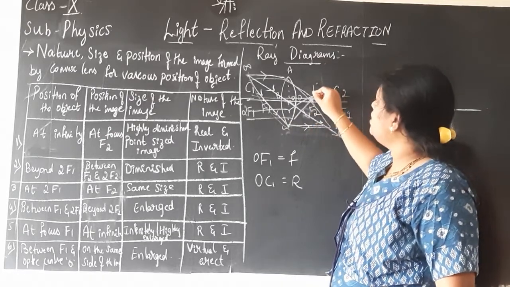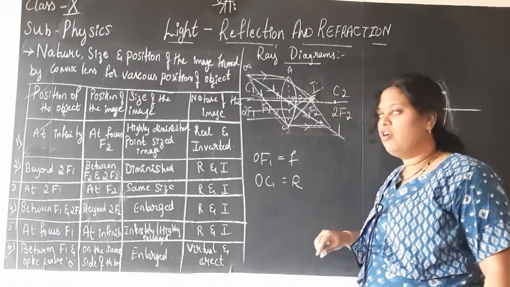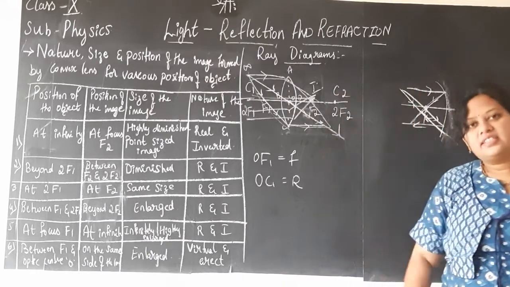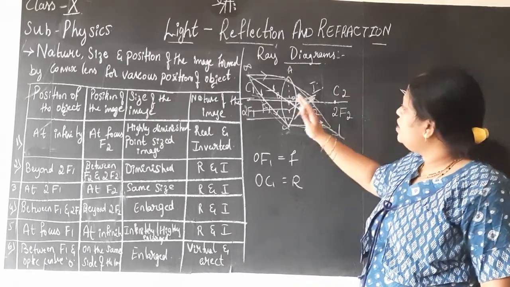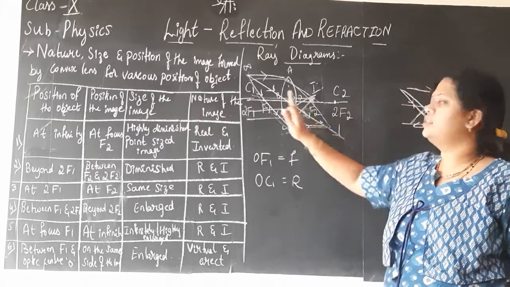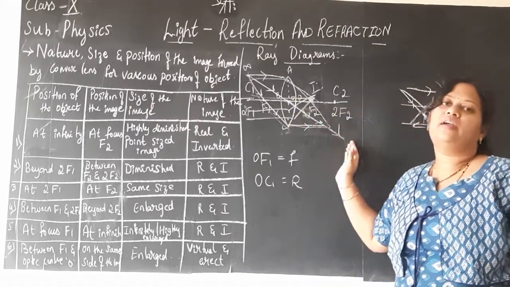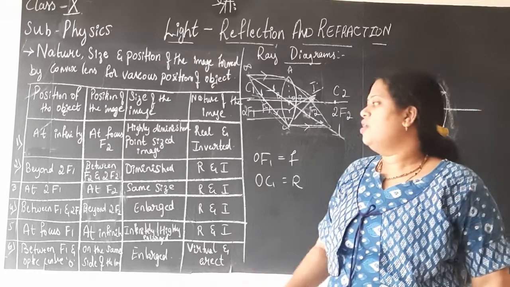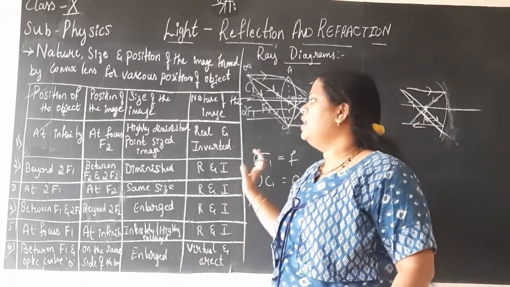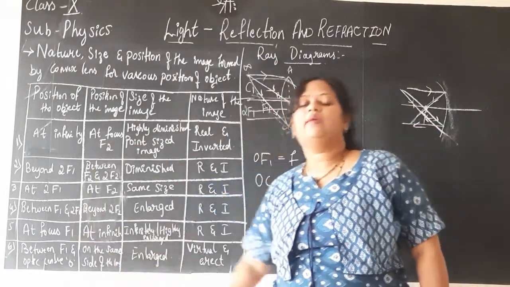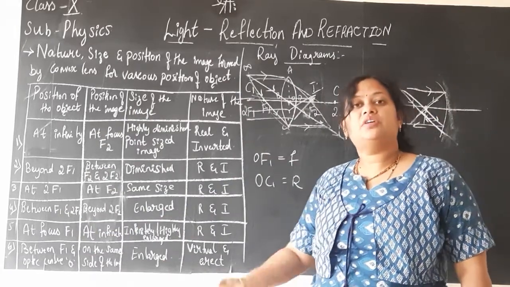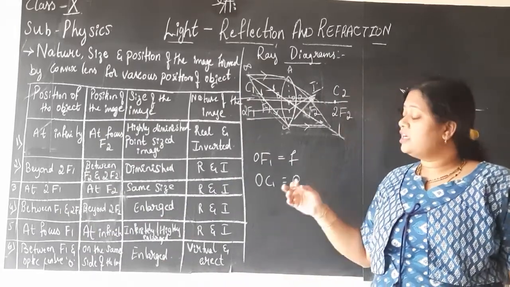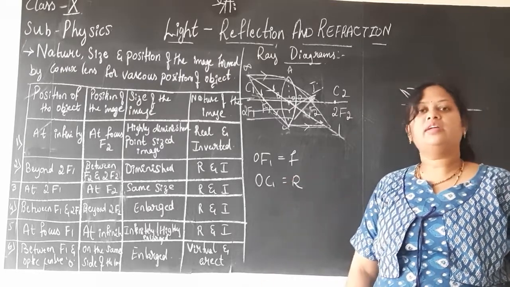At F2 the image of the object was formed, which was again on the other side of the lens, isn't it, children? So in most cases the image of the object for the convex lens is formed on the other side of the lens. Now with this basics, let us draw the ray diagrams for the different positions of the object and know its nature and size, as well as its position, by drawing the ray diagram.